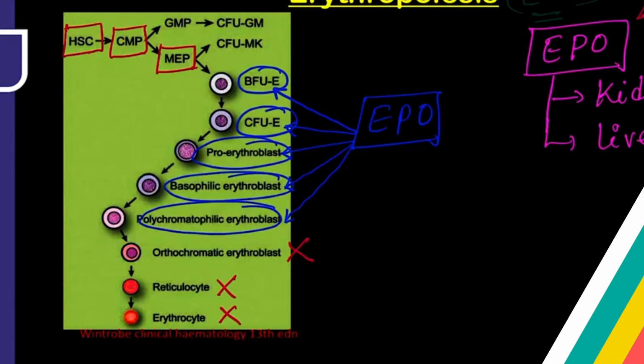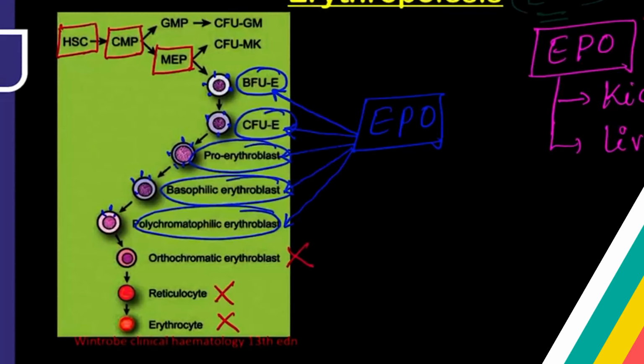But if I have to choose only one answer, that where is the major action of erythropoietin, then you have to look at the receptor. So erythropoietin acts on its receptor, which is present on all of these cells. But if you look at the density of the receptor, maximum erythropoietin receptor is present at the level of CFU.